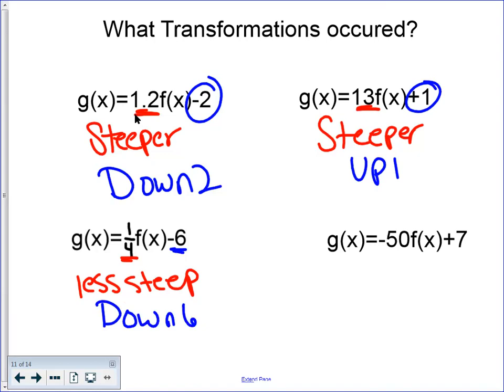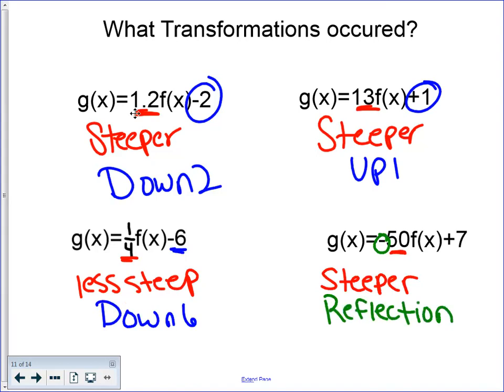Oh, it's -50. Well, the 50 tells me that I'm going to be steeper, actually. Don't let that negative fool you, because remember what we just talked about. The negative here tells me that I have a reflection. And then last but not least, I still have this +7, which tells me I'm going to go up 7.